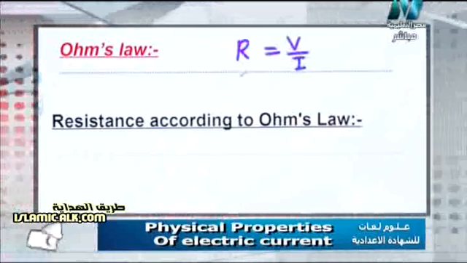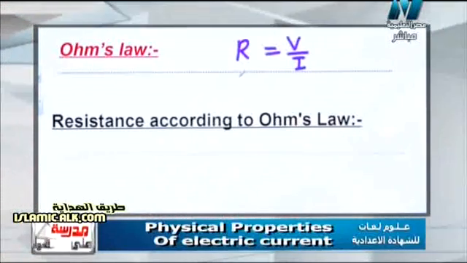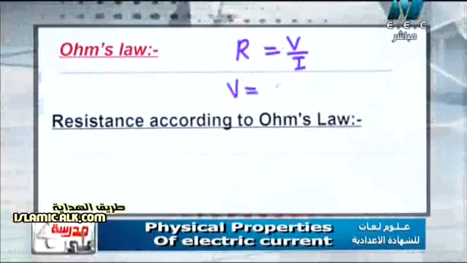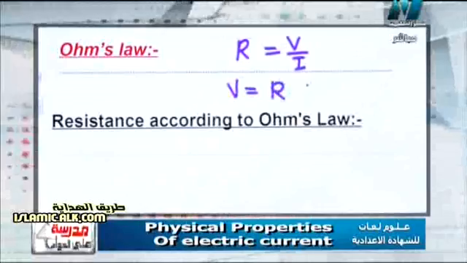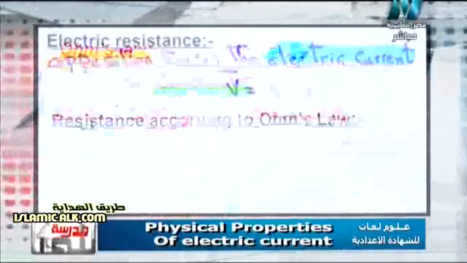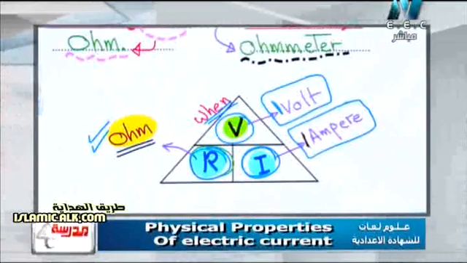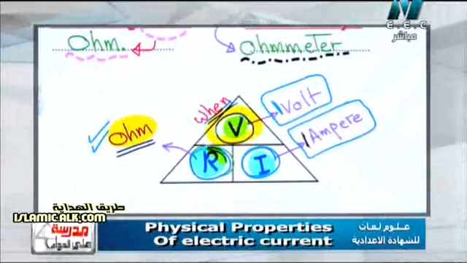V equals R times I, right? From the magic triangle here. Didn't we say so? V equals R times I.